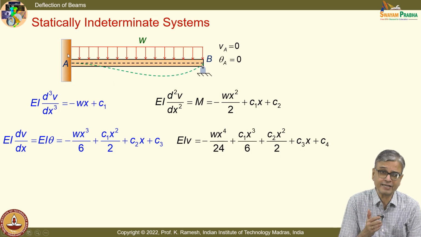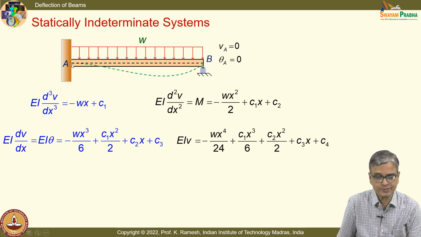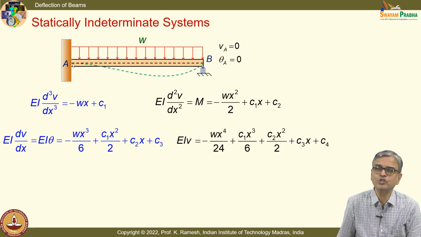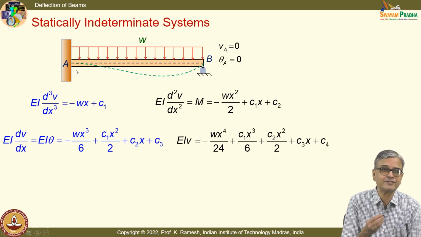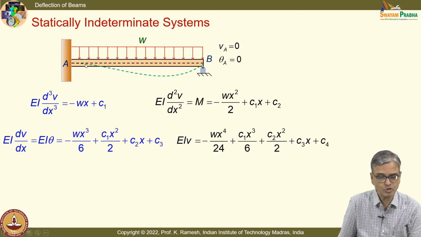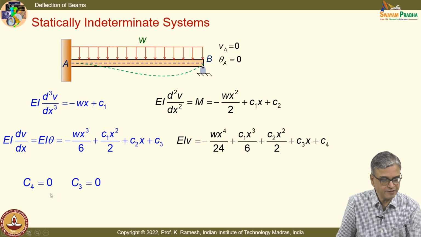That you should be able to recognize. That is why we have done the experiment to show that slope is indeed 0. Deflection 0 you will be able to visualize, but slope being 0 you have to specially understand: when you have a fixed end, slope is also 0. So, this gives me C4 equal to 0 and C3 equal to 0. These two boundary conditions help me knock off C4 and C3.